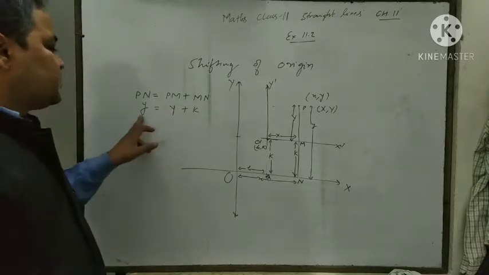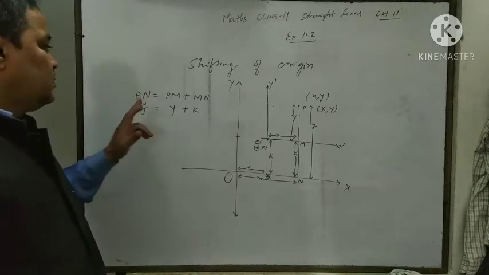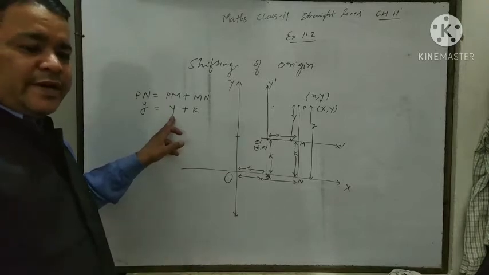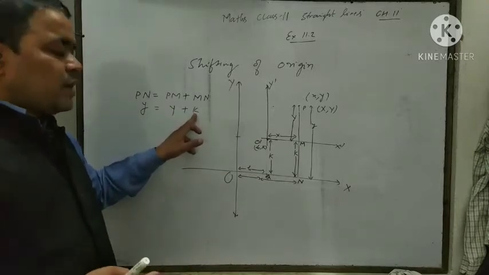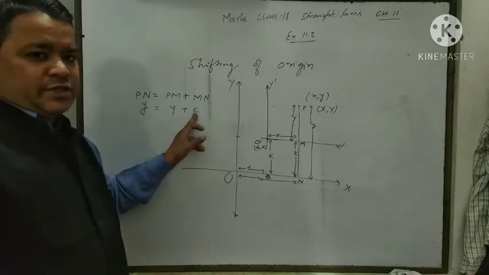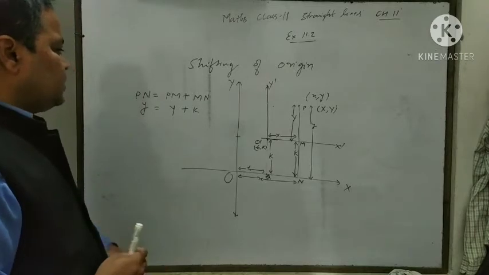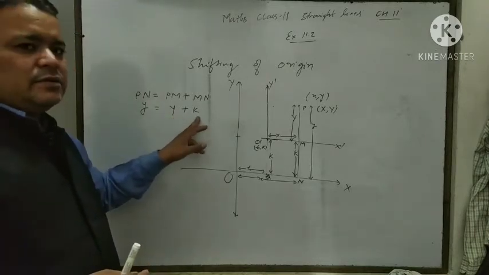Where small y is the original y coordinate, capital Y is the new y coordinate, and k is the y coordinate of the new origin. In this way, we find the relation between y, capital Y and k.